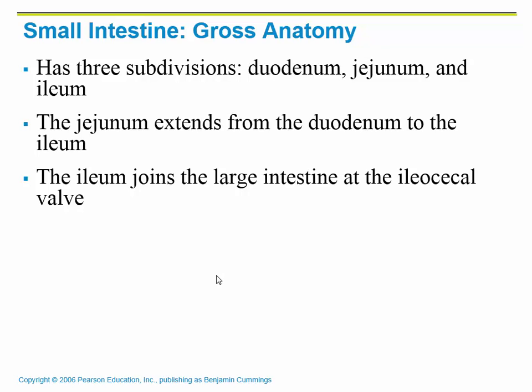And so there's going to be a neutralization process where we're going to neutralize the chyme so then it won't burn through the lining of the small intestines. The very first part of the small intestine that attaches to the stomach is called the duodenum. Then the majority of the small intestine is called the jejunum, and then the end of the small intestine where it's going to come into contact with the large intestines is called the ileum.